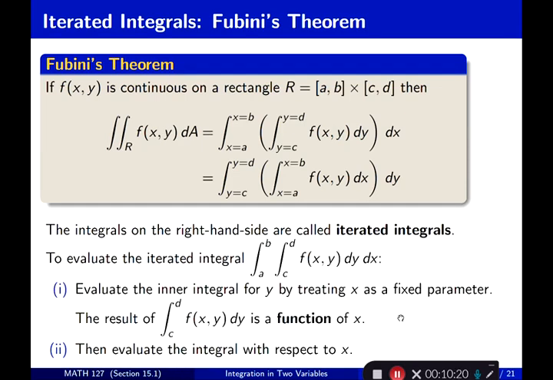And again, to evaluate the integral from a to b, integral from c to d of f of x, y, dy, dx, evaluate the inner integral for y by treating x as a fixed parameter. The result of the integral from c to d of f of x, y, dy is a function of x. Then evaluate the integral with respect to x. And the other way around is just all those variables switching.